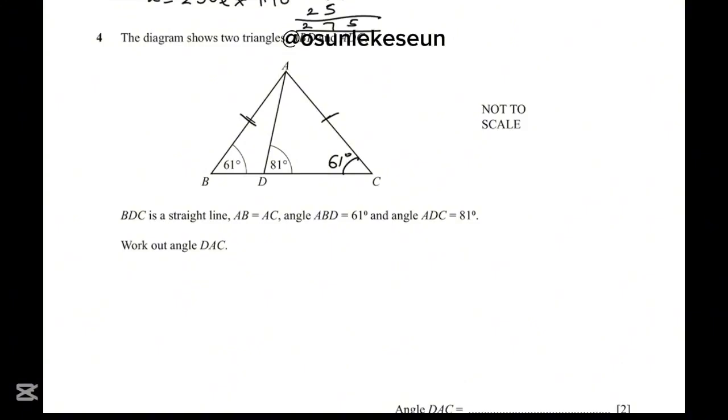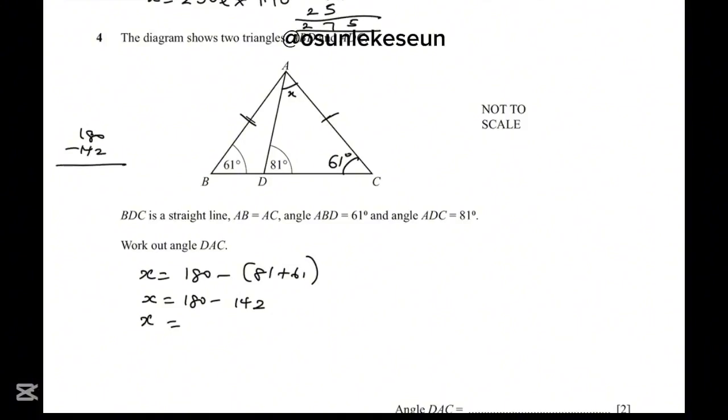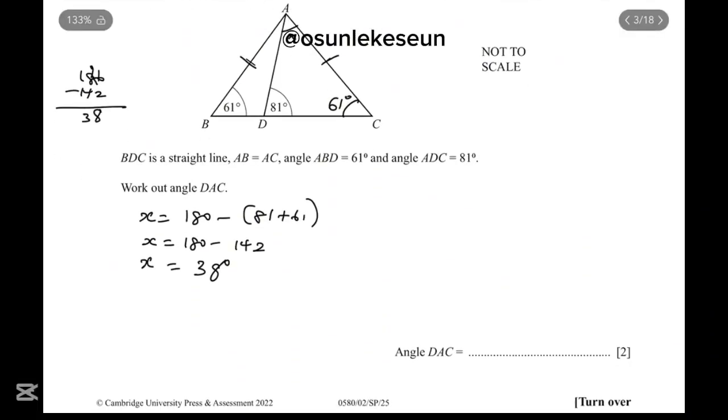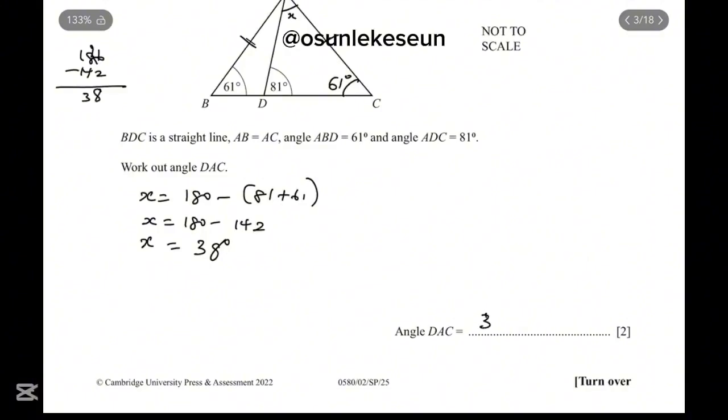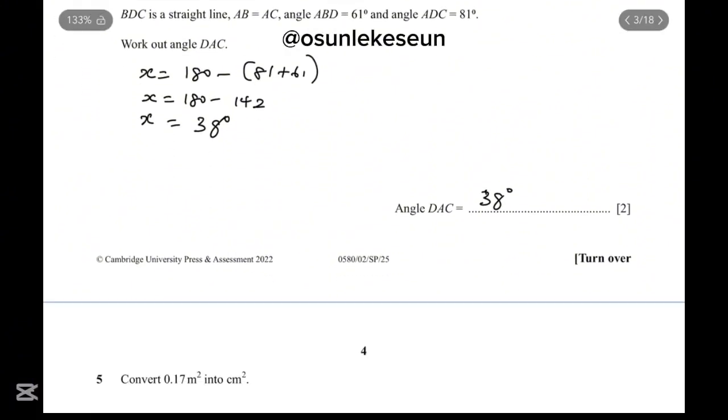We're looking for DAC, so we're looking for this place, and we can get that x is going to become 180 minus 81 plus 61. 81 plus 61 is going to give us 142, and 180 minus 142, the answer is going to be 38 degrees. So that means DAC is 38 degrees.